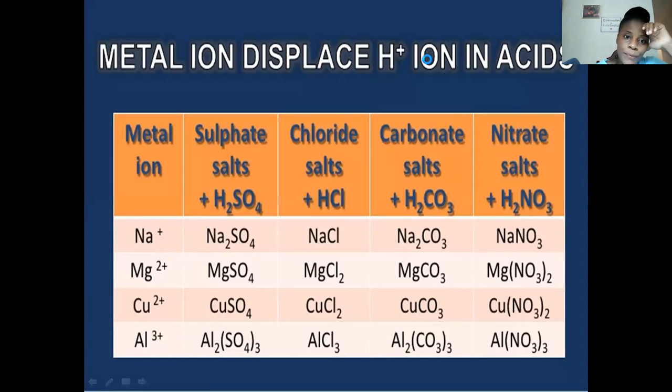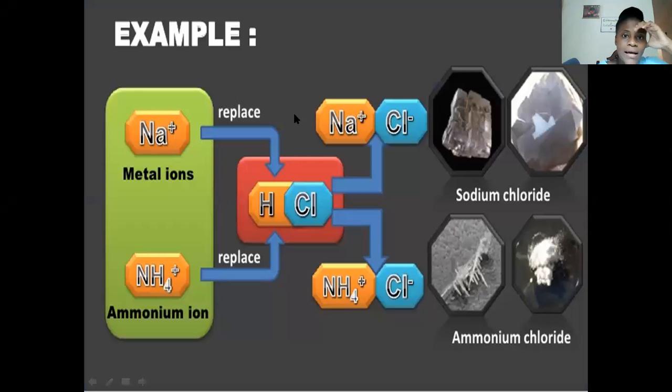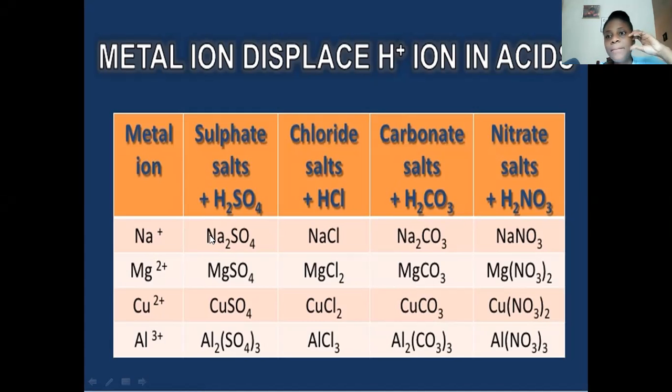So again, a salt is a substance formed when the hydrogen in an acid is replaced by metal ions or by ammonium ions. When you replace the hydrogen by a metal or by ammonium, you get a salt, and you have these different types of salts.